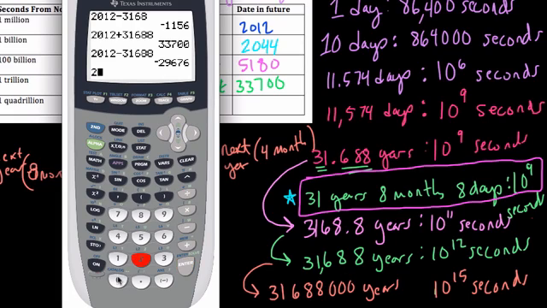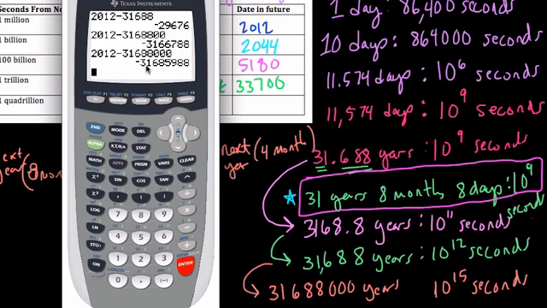So if we look at 2012 and we subtract 31,688,000 years, where does that bring us? Enter that in, and did I enter it in right? I did not. Sorry. Try that again. 2012 minus 31,688,000 years. 3 more zeros. There we go.